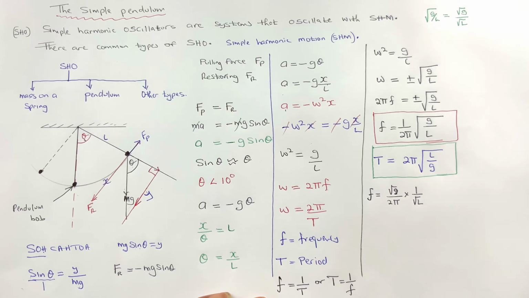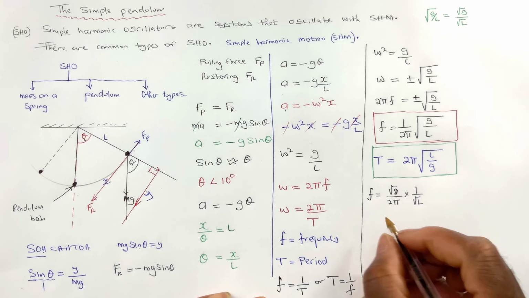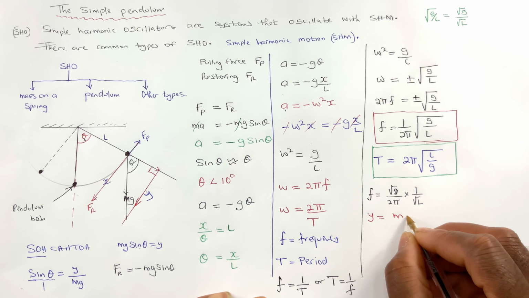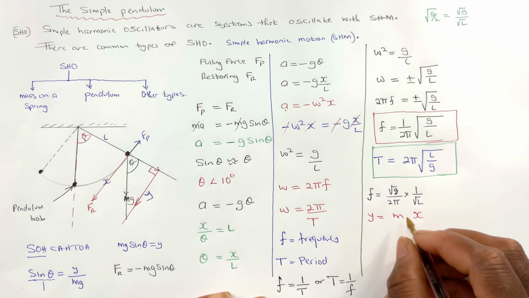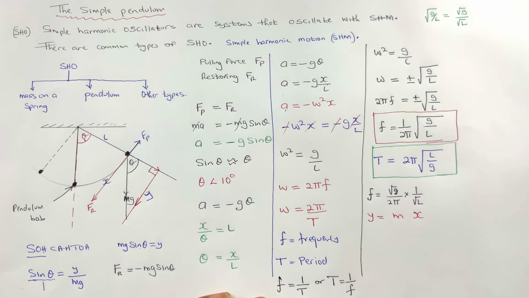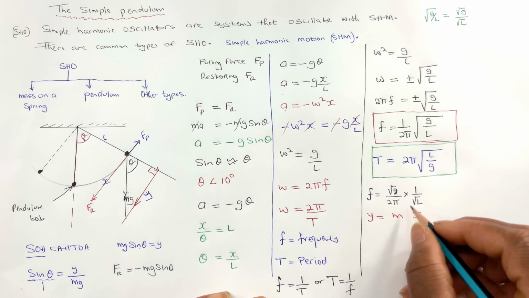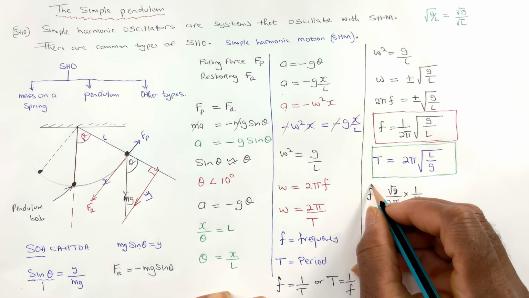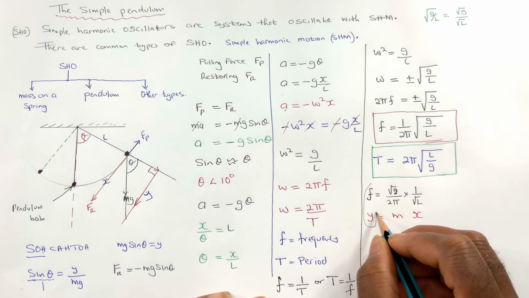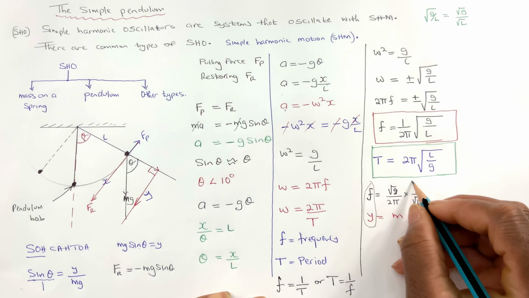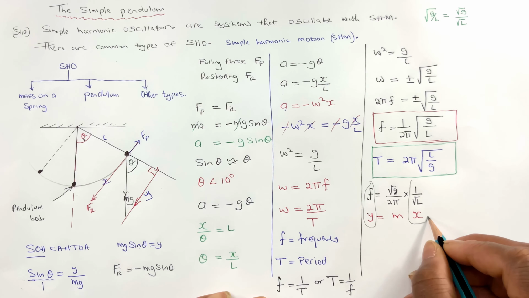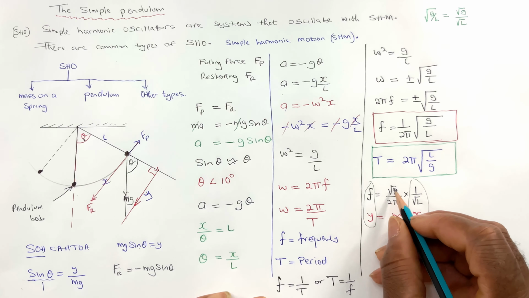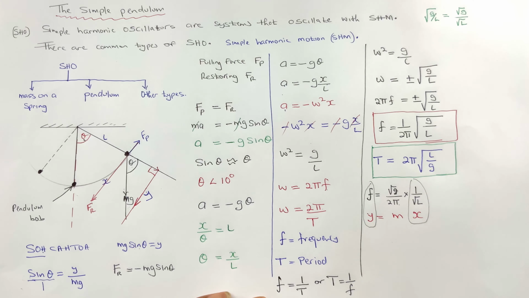So now this relationship looks like y equals mx. So I'm plotting a graph of y equals mx. You can see to plot a graph of y equals mx, I will be plotting frequency on the y-axis, and I'll be plotting 1 over root L on the x-axis, and my gradient is going to be root g over 2 pi.